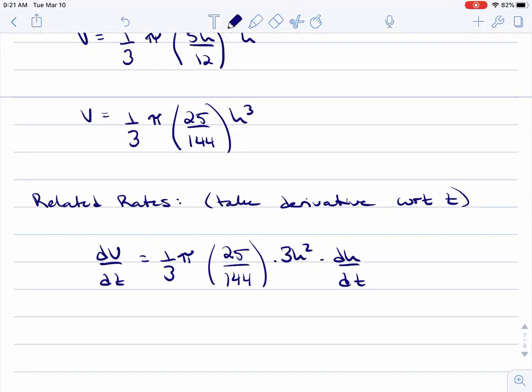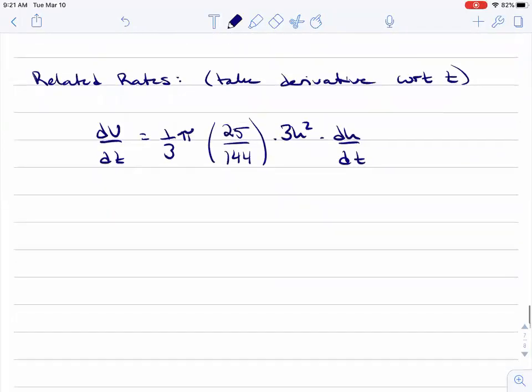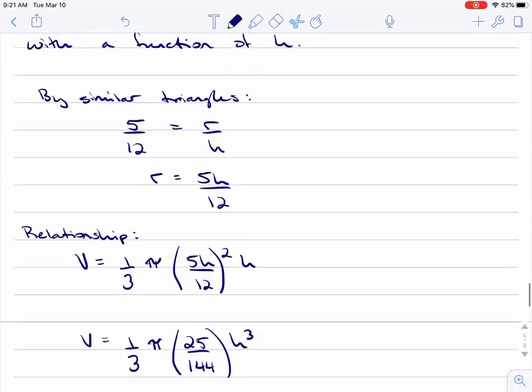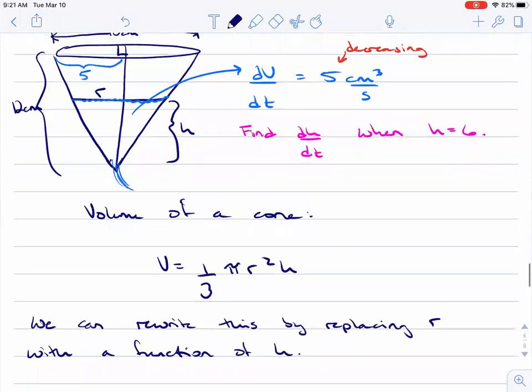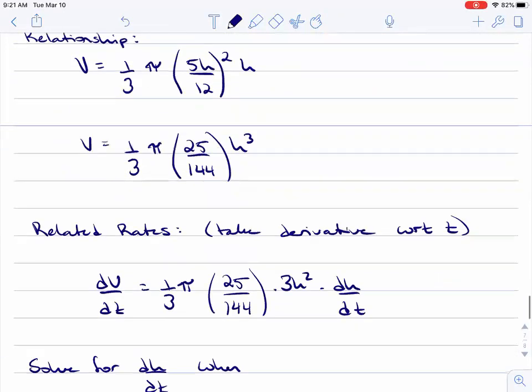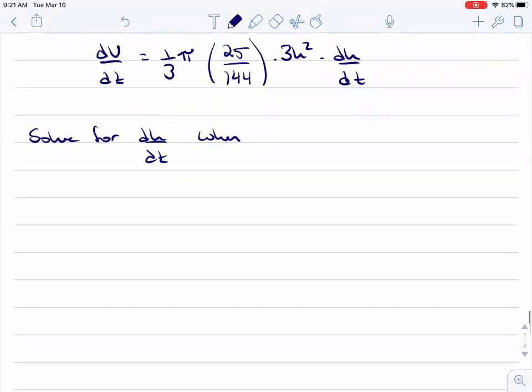I'm trying to solve for dh/dt when h is 6.